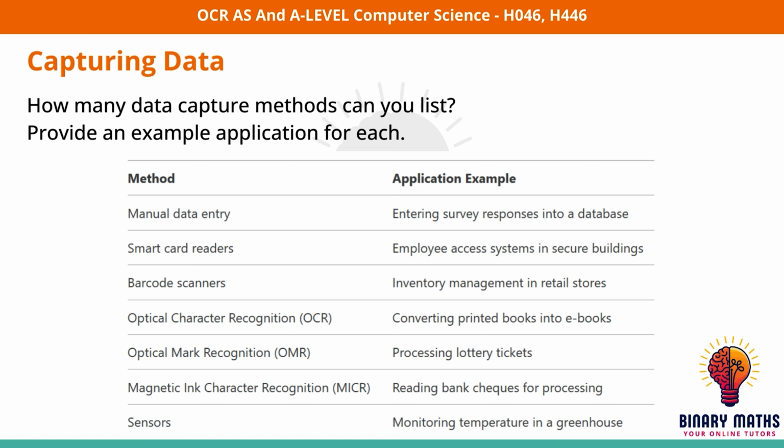For example, barcode scanners are used in supermarkets to quickly scan products at checkout. Smart card readers are used in offices to grant employees access to secure areas. Sensors can monitor environmental conditions like temperature in a greenhouse. Each method has its own applications, and choosing the right one depends on the situation.